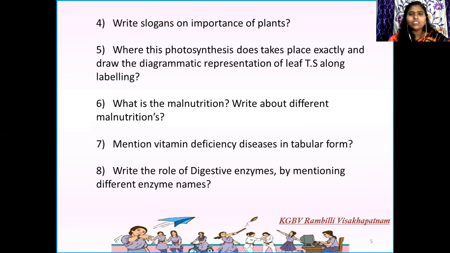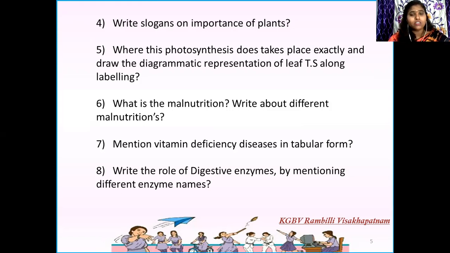On that basis we can write many slogans. The next one: where exactly does photosynthesis take place, and draw the diagrammatic representation of a leaf tear with labeling. The site of photosynthesis is the chloroplast, with the help of chlorophyll, and we can easily draw the tear of a leaf.